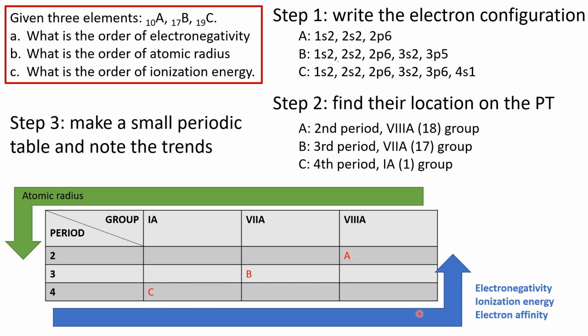Higher electronegativity has the element P compared to C. Then we have atomic radius. C has higher atomic radius than P, B has higher than A, and ionization energy, the highest ionization energy A has, then P, and C is the lowest. And that's what it's supposed to look like.